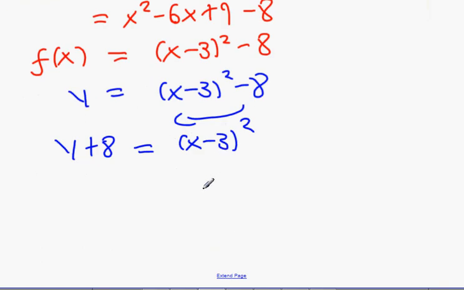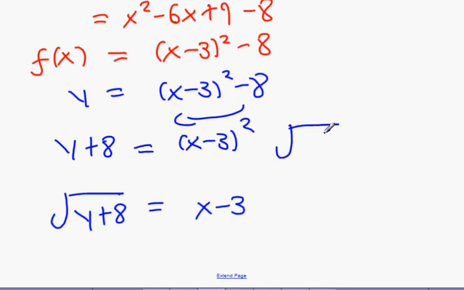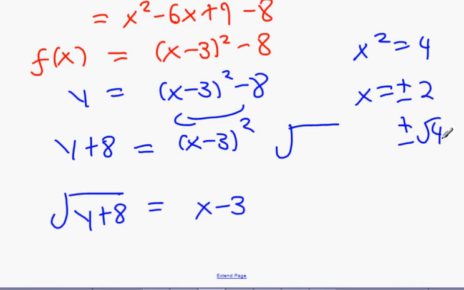Don't square it out, instead square root both sides. Square root of y plus 8 therefore equals x minus 3. You've got to also remember, when you have x squared equals 4, the answer for x is plus or minus 2, or plus or minus the square root of 4.